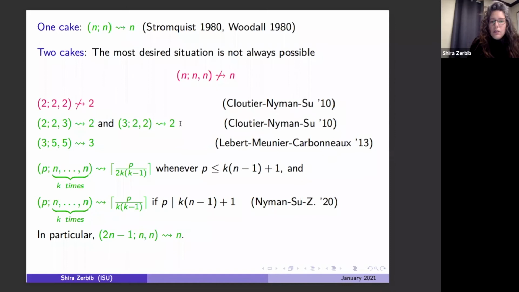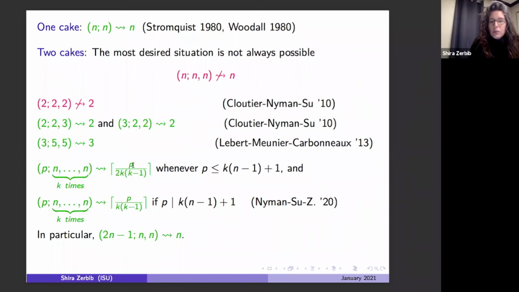So these results of Cloutier, Nyman, and Su opened a line of research of trying to see what we can say in general about how big we can make the set of satisfied players and under which conditions. Together with Nyman and Su, we proved that if we have a set of players of size p and we have k cakes that are partitioned into n pieces each, then we can satisfy some portion of the players.